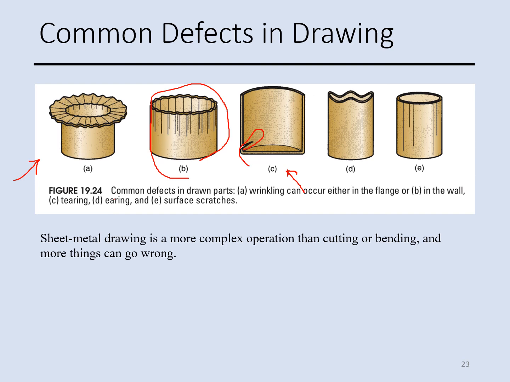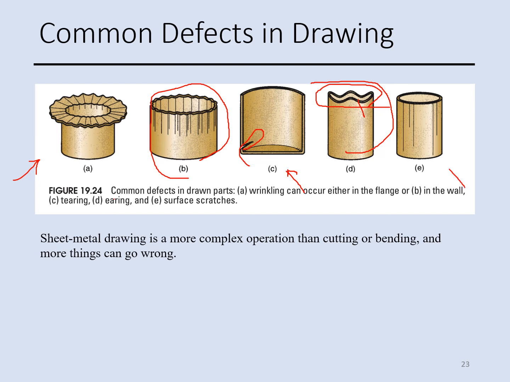The next defect is called earring, and this is the formation of an irregular shape on the top edges of the cup here. This is not desirable, and it is normally caused by anisotropic properties in the sheet metal. If the material is perfectly isotropic, ears like this won't happen.